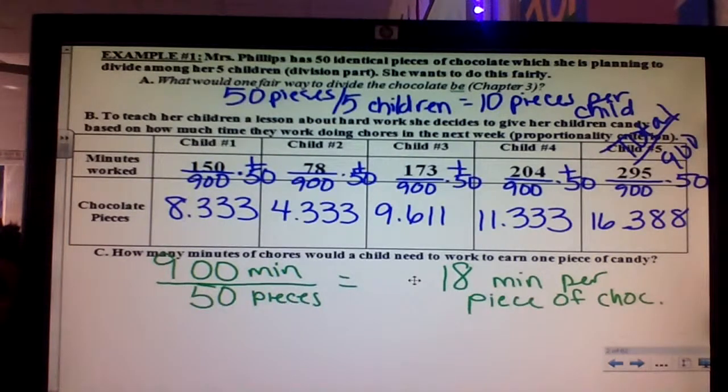When it's in a table, your states are always what is across the top. So your children are your states. What are we giving the children? Chocolate candy. So this is your seats.